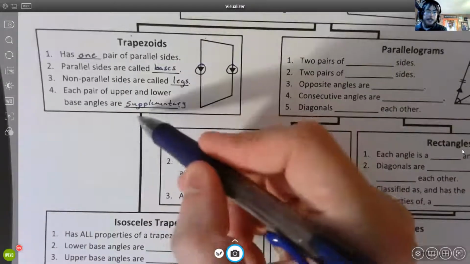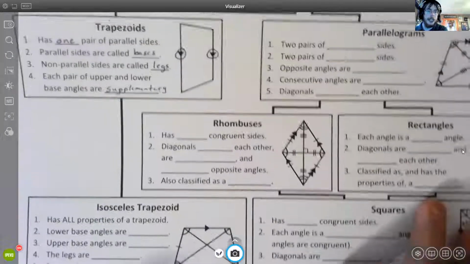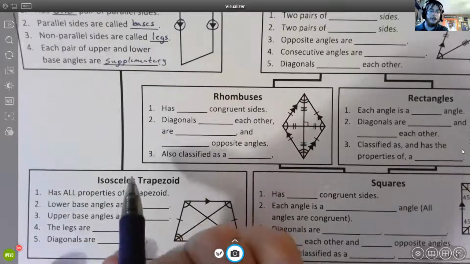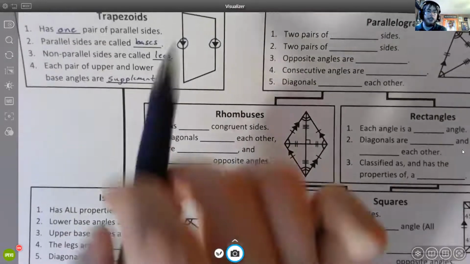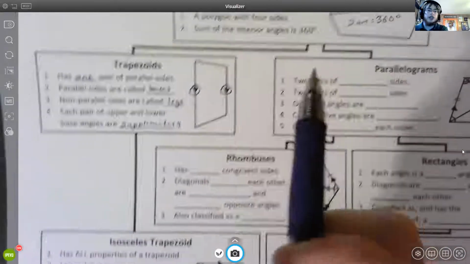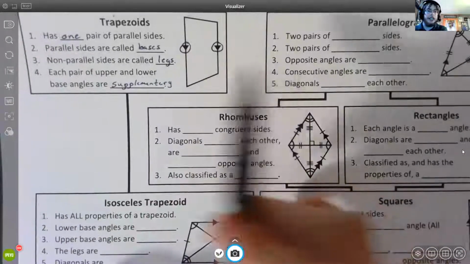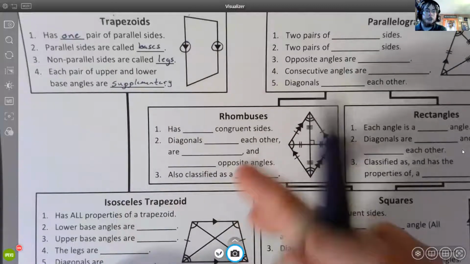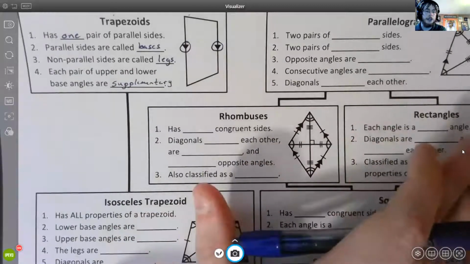Okay, and going on down here, you can see there is a line attached, and it goes down to the isosceles trapezoid. Now, the isosceles trapezoid has all of the properties that a trapezoid does. So the 1 pair of parallel sides, it has bases, legs, and each pair of upper and lower base angles are supplementary.